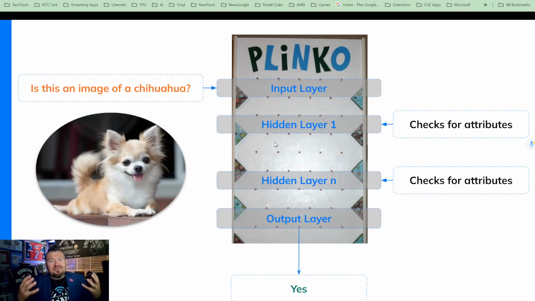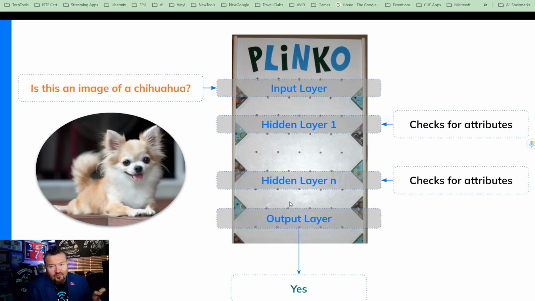And based upon being fed all of that data, it goes through each individual layer, looking at criteria to decide, is this an image of a Chihuahua? To where it finally comes out and says, yes, this is an image of a Chihuahua. That's what these hidden layers do.